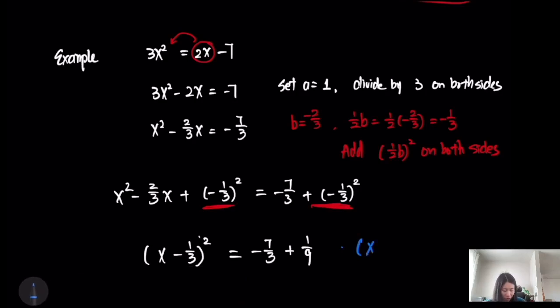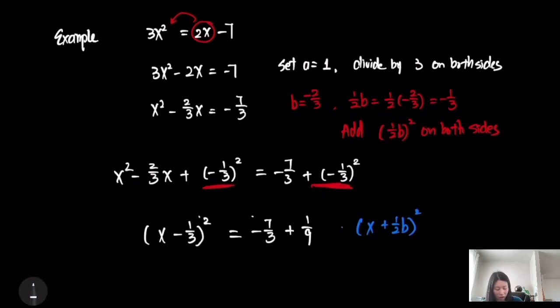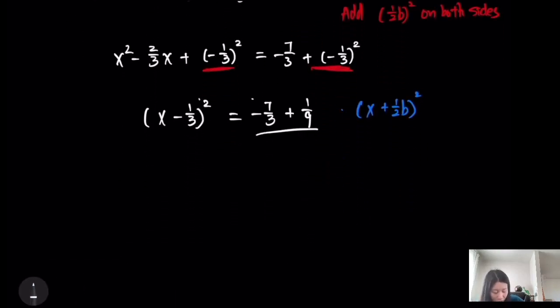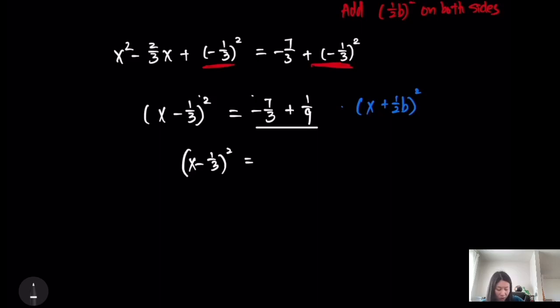Let me put a note here in case we forget. We want to complete that as x plus half b squared. Okay, so find the common denominator 9 and then do some calculation. We will end up with a negative 20 over 9.